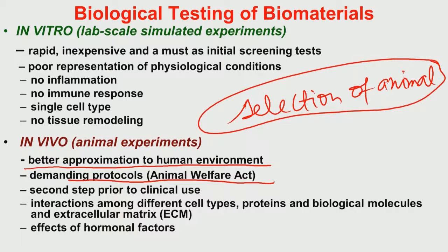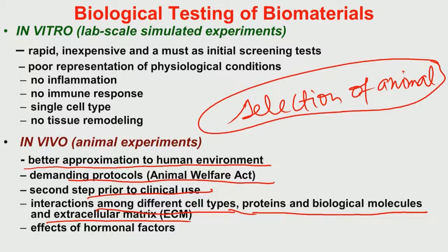Whatever protocol you want to use should also be acceptable to society. This is the second step prior to clinical use, and it is very important. The interactions among different cell types, proteins, biological molecules and extracellular matrix can be investigated together in any animal experiment.